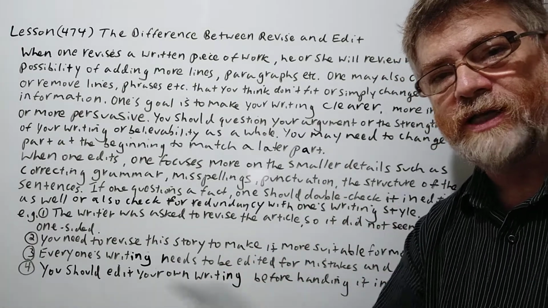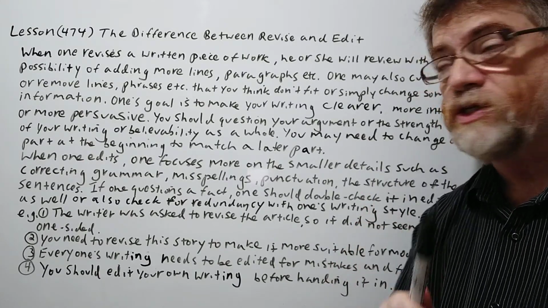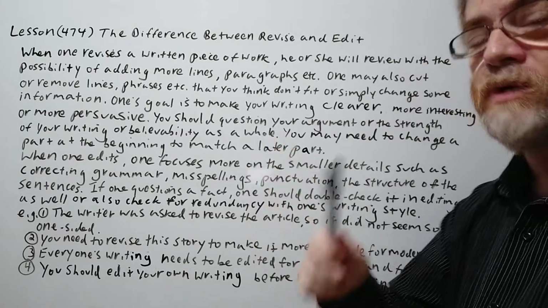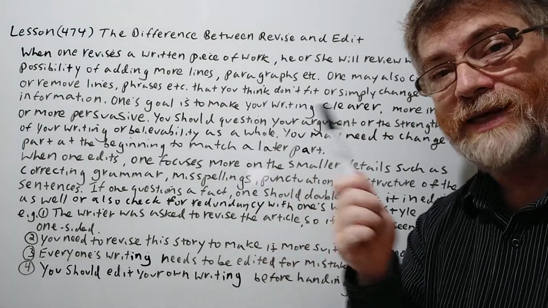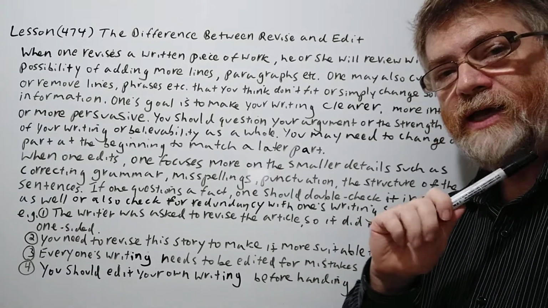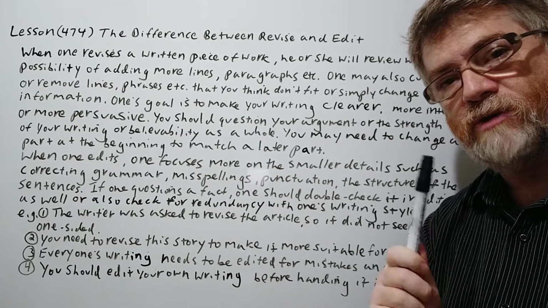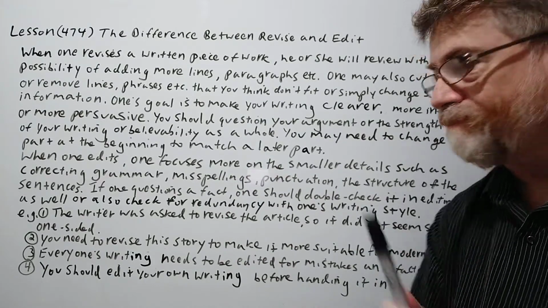So you're really looking at the whole thing when you are revising. Of course, you would always revise first and edit at the end. After you think you've finished everything and it sounds clear and smooth, that's when you actually begin the editing.